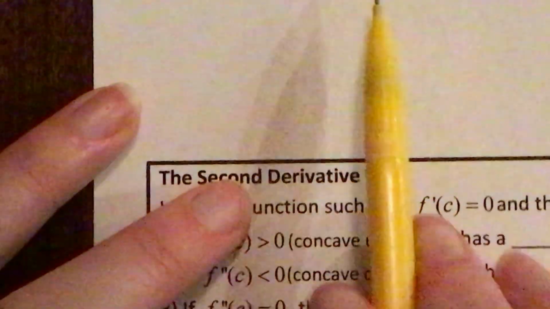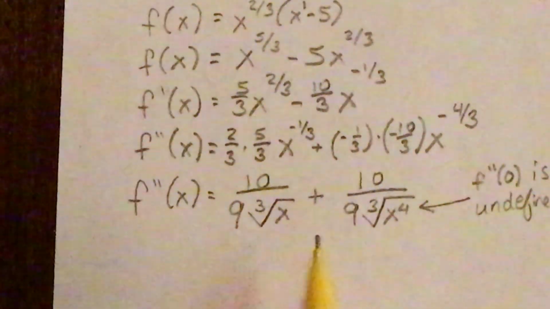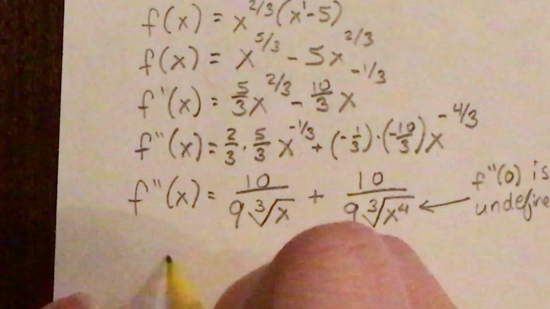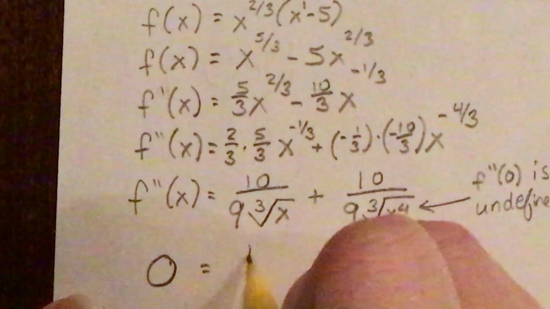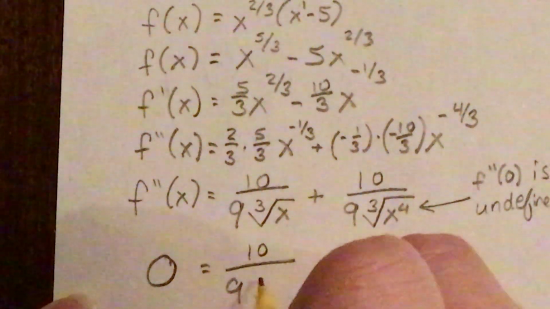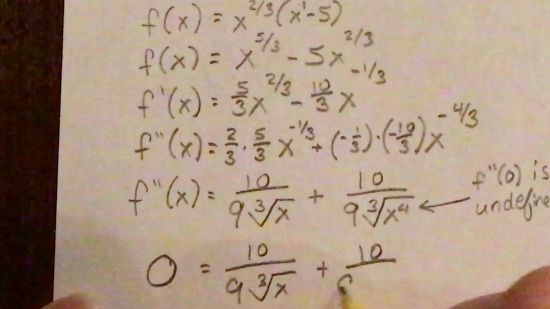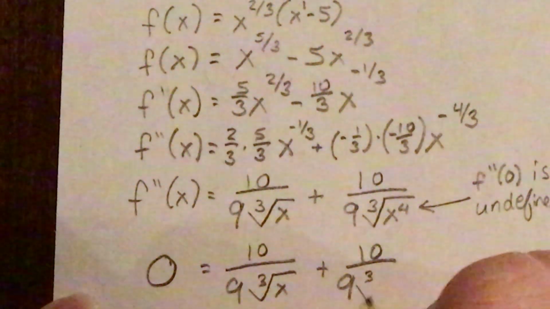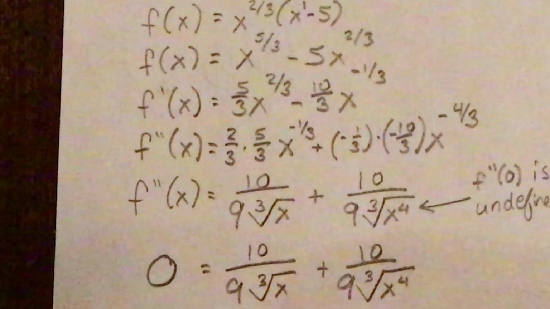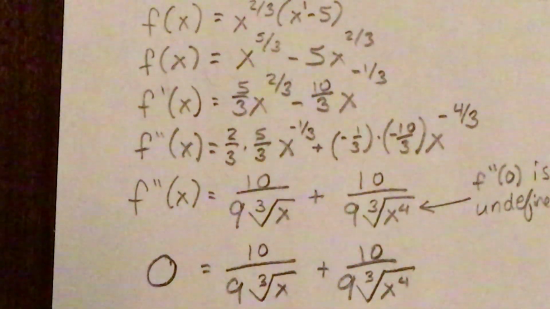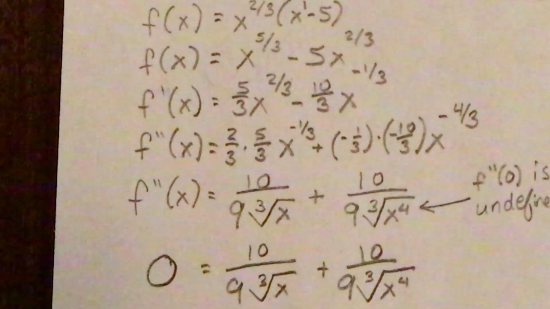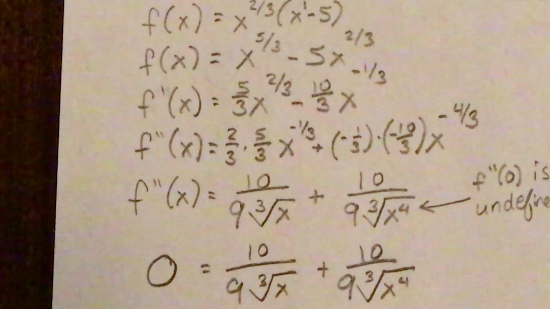Okay, let's now set this guy equal to 0. This is not the prettiest thing to solve, but we can still do it. 0 equals 10 over 9 times the cube root of x plus 10 over 9 times the cube root of x to the 4th. The easiest way to solve this is going to be to move one of those fractions over to the left.